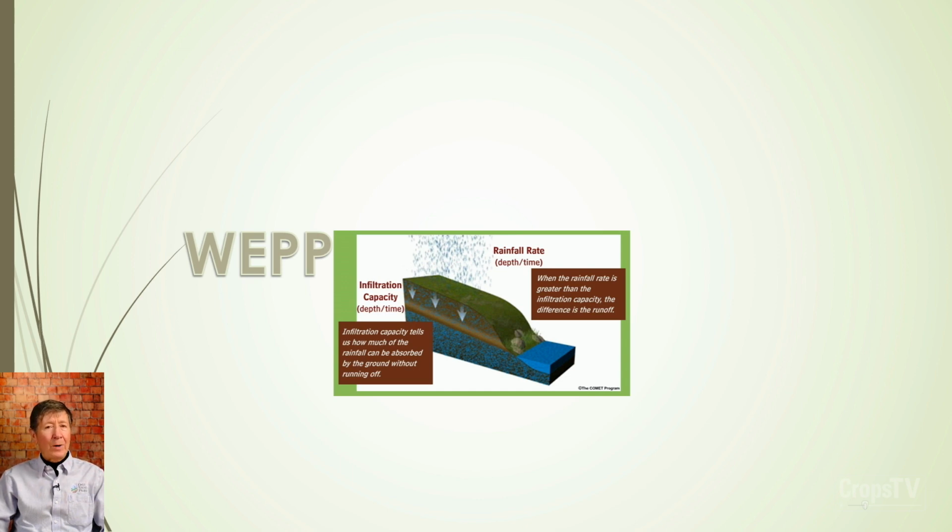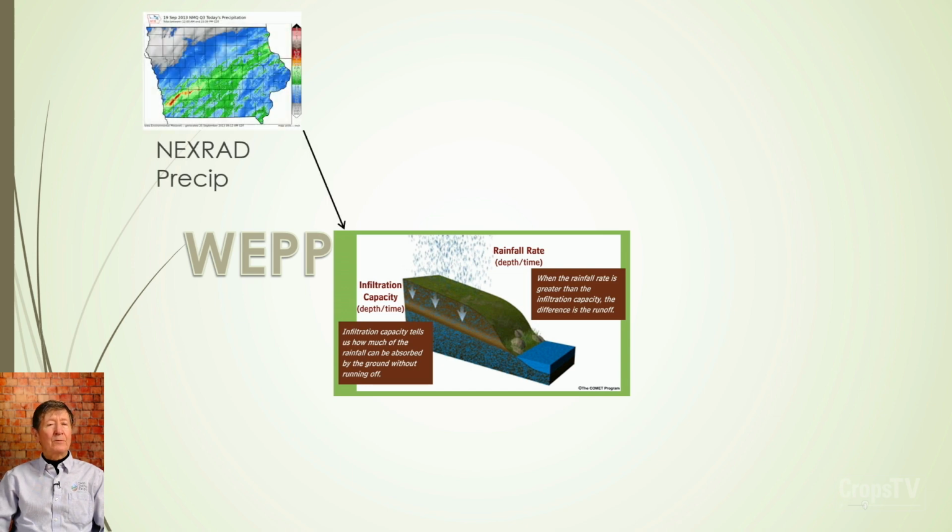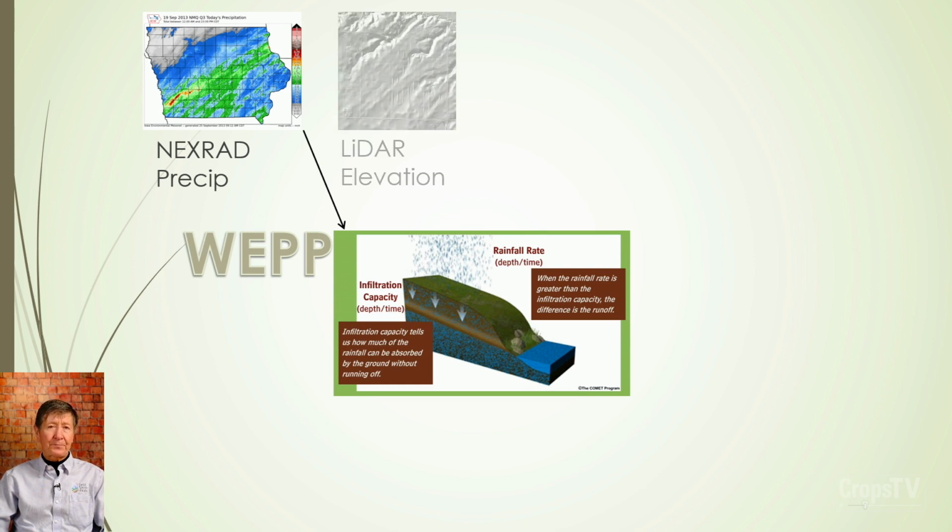Okay, so how do we make WEPP work on all these hill slopes? It's done with remote sensing. We use radar and other approaches added to the radar product to give us a rainfall estimate for every 1 square kilometer, about 1/6 of a square mile. We have a rainfall estimate every 2 minutes.